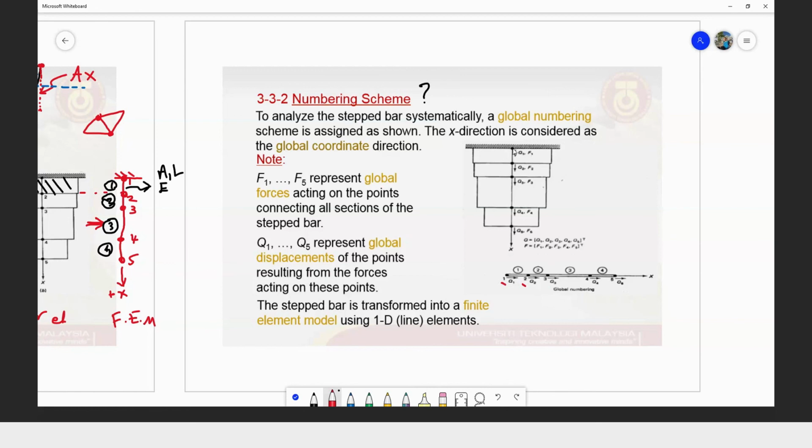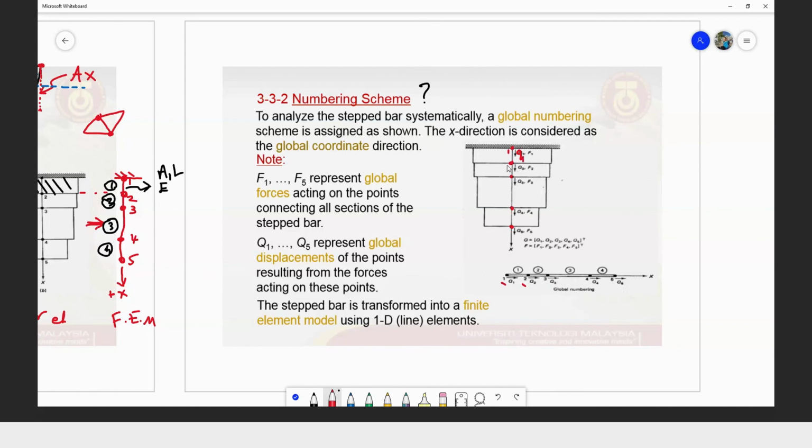Actually, on each nodal points, actually you can label all the variable for the displacement. Usually we use q. At point number 1, you can label q1.